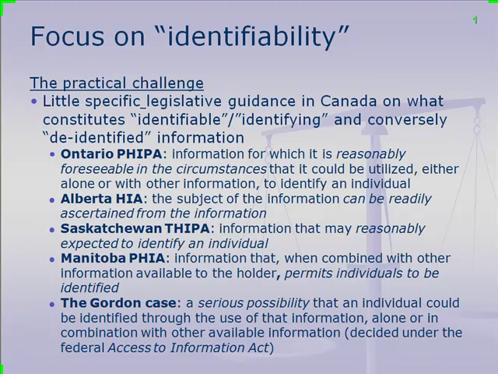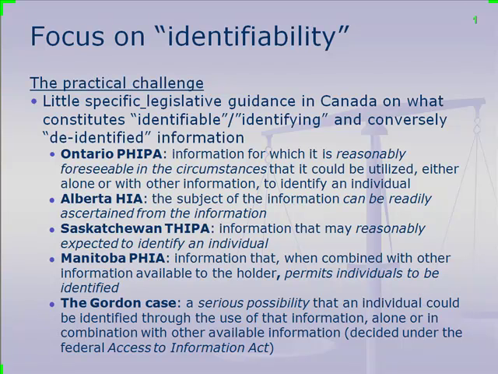I think the real practical challenge is the fact that there is little specific legislative guidance on what constitutes identifiable or identifying information, and conversely, what is de-identified information. So there's really a dearth of helpful definitions out there.